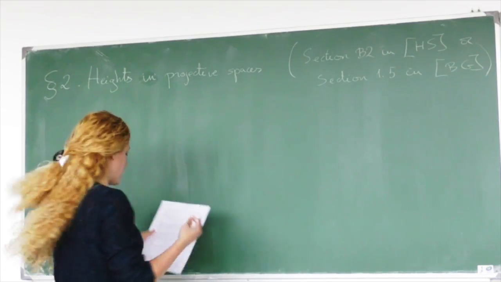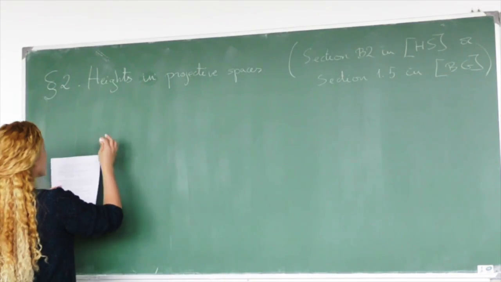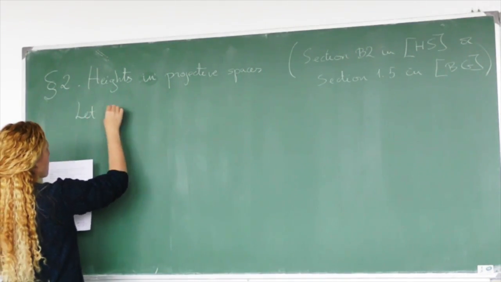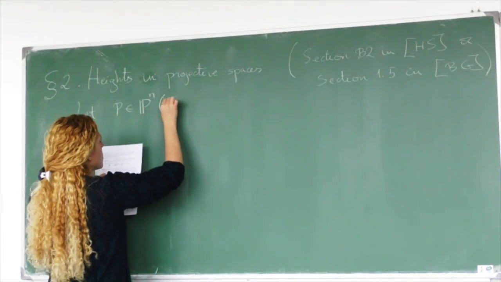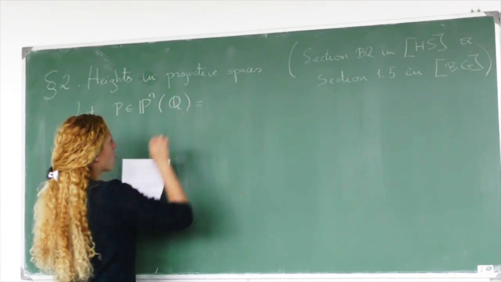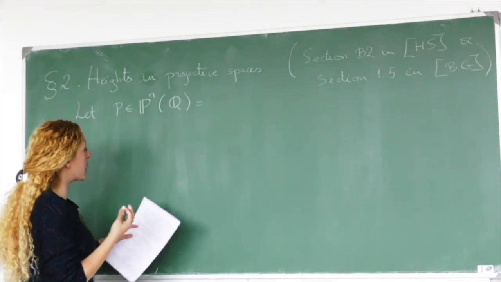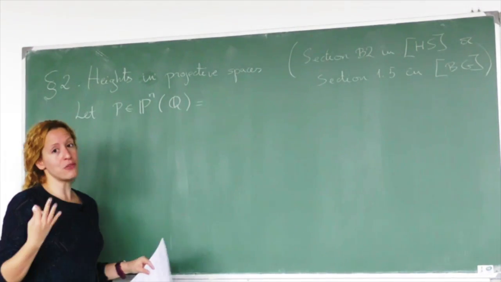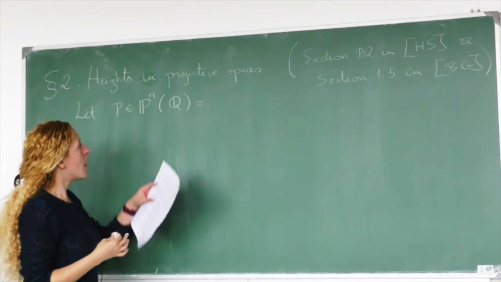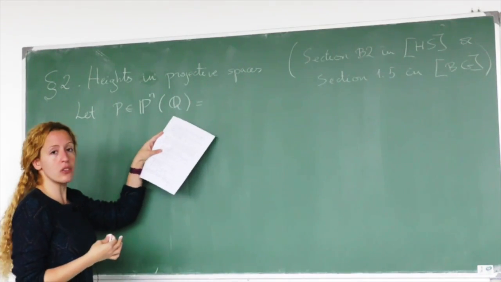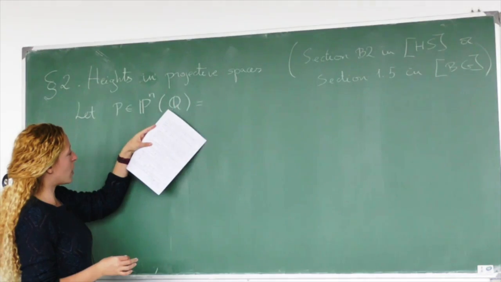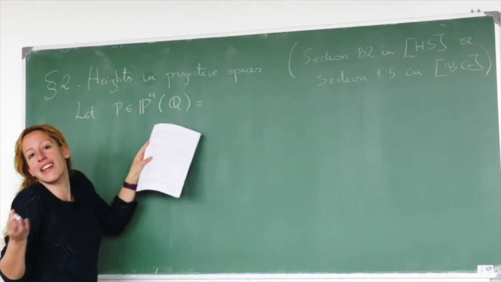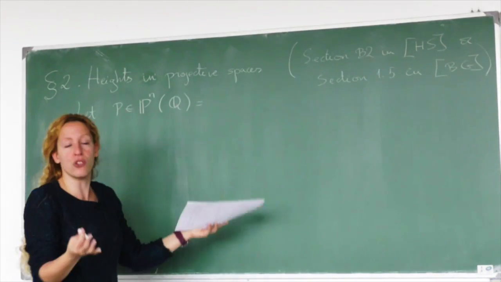So let's go with the definition. We start by taking a point in a projective space. I'm just going to recall what we understand by a projective space. For the moment, and for the first example and motivation, I'm taking the point to be a rational point. But later on, we are going to consider projective spaces with coordinates in a bigger field, like a number field, so it's going to be a more general setting.